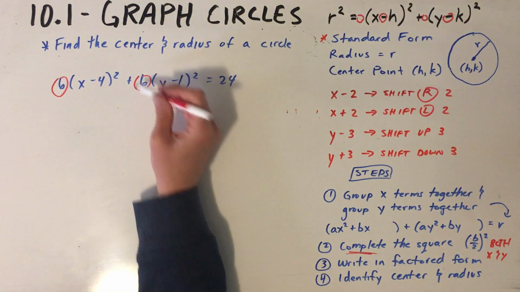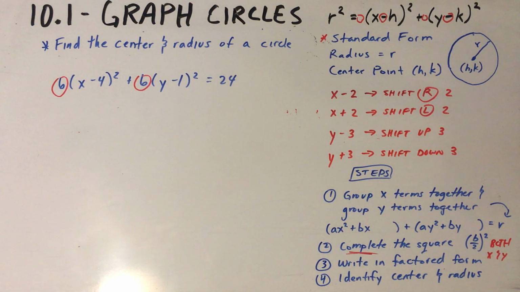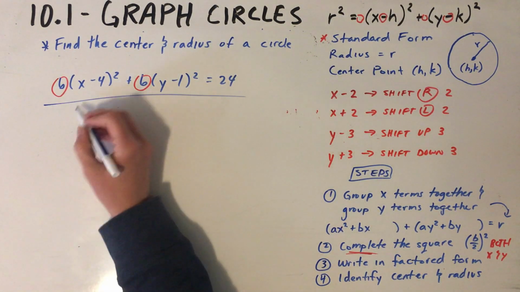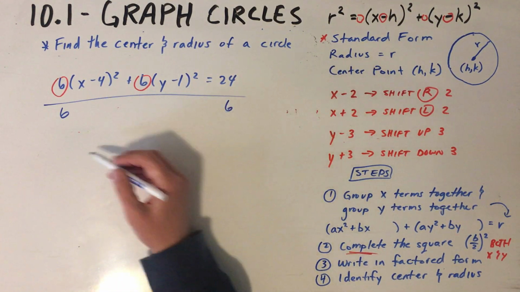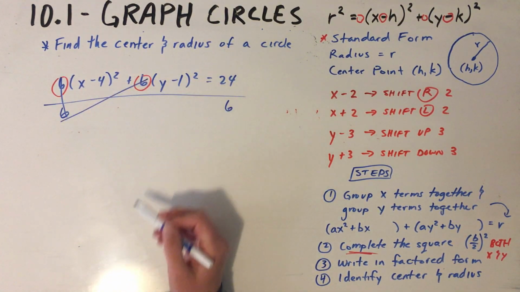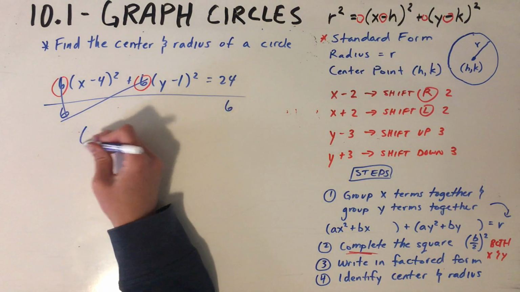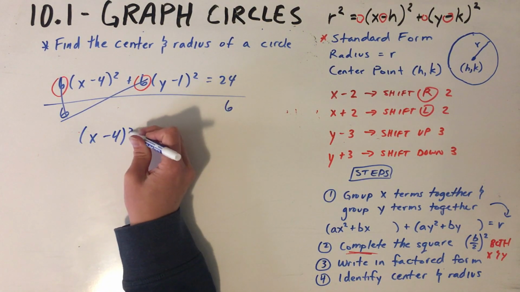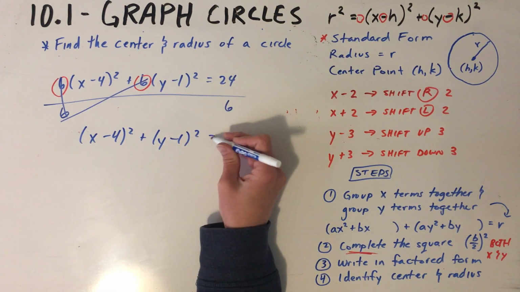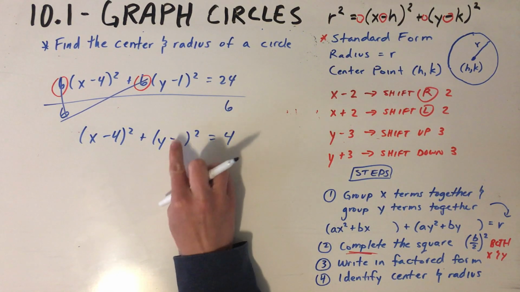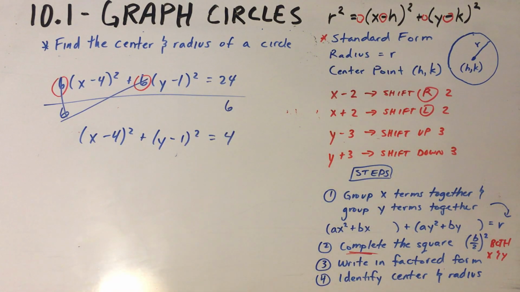So we can see that these both have 6. Well, what you're going to do here is you're just going to divide everything, or both sides of the equation, by 6. When you do that, this 6 belongs to both of these and they cancel. So then really you just have x minus 4 squared plus y minus 1 squared is going to be equal to 4. And that is a lot easier than anything else that you might think of to do.